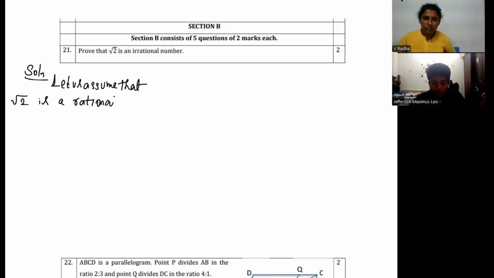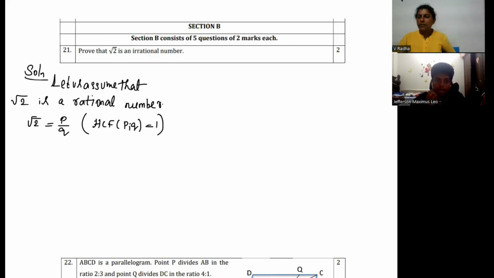Yes, ma'am. That is equal to P by Q, okay? That means P and Q are co-prime numbers. HCF of P comma Q is equal to 1, okay?